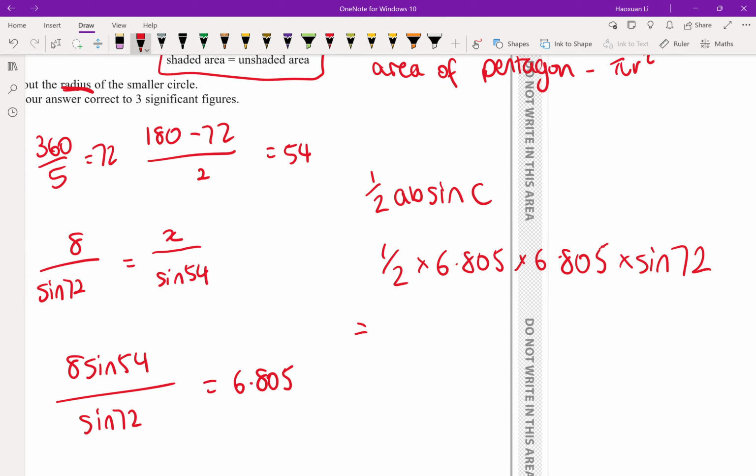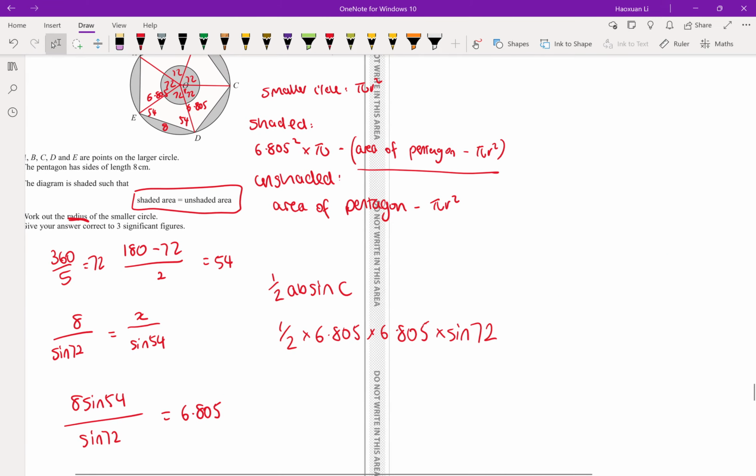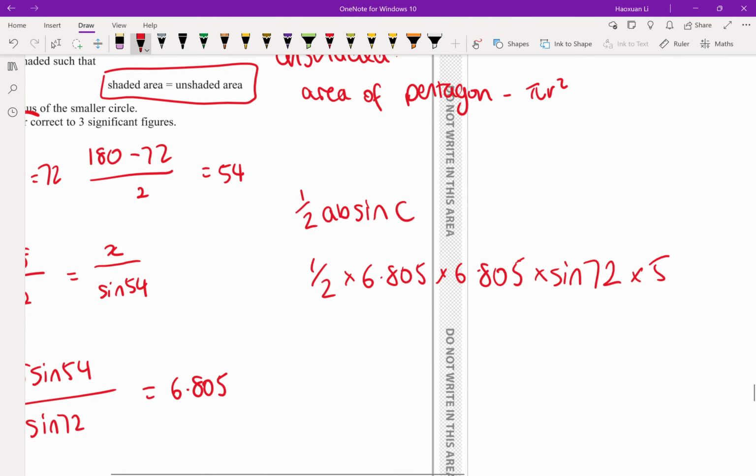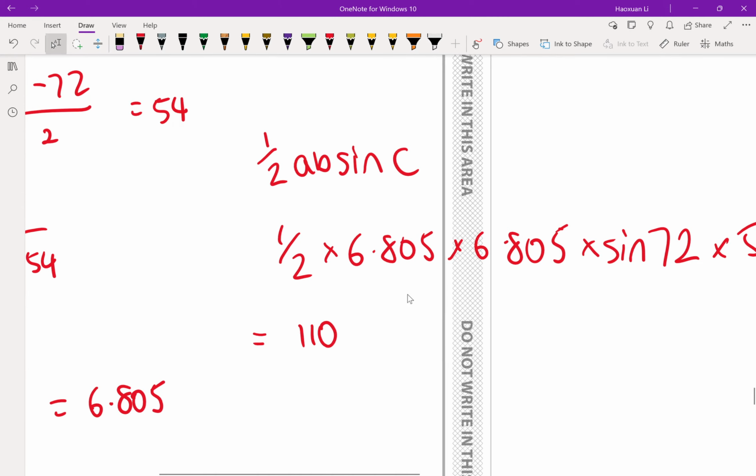If you just use a calculator, this should give you 22.02. But since there are 5 of them, you will have to times it by 5. Therefore, times it by 5 would give 110.104.